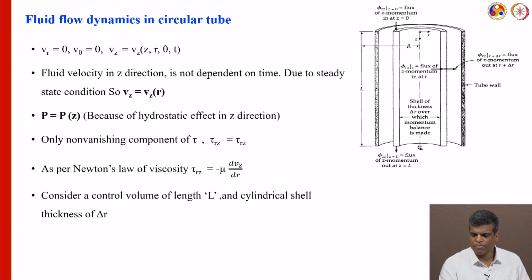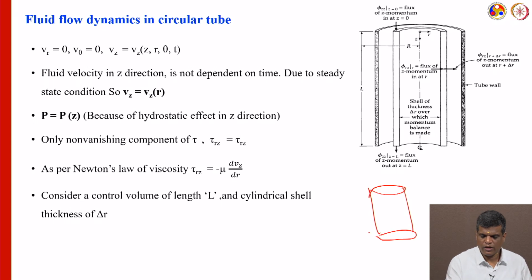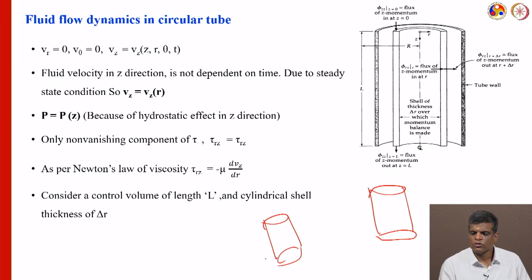Take this pipe, simple for understanding. I will write here so that it is very easy to understand. This is the z direction, and the other one is r, the radial direction. Whenever the flow is there, that is the z direction.